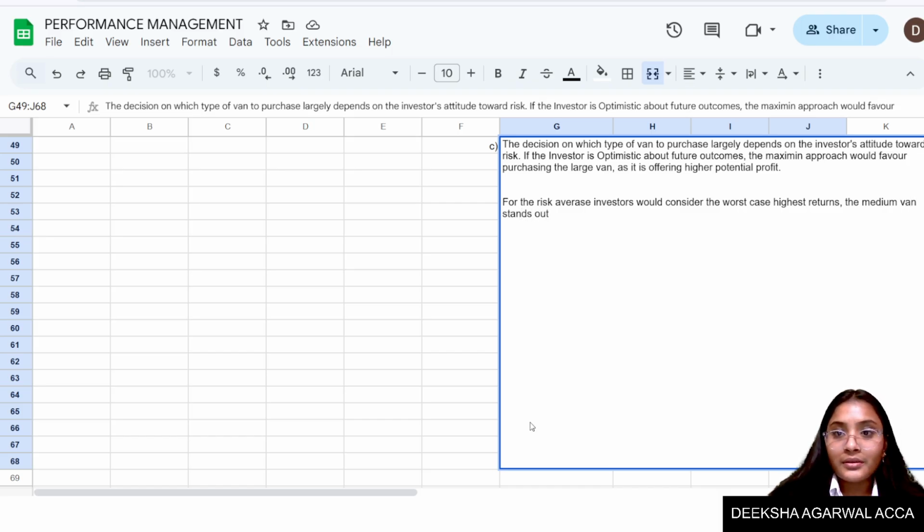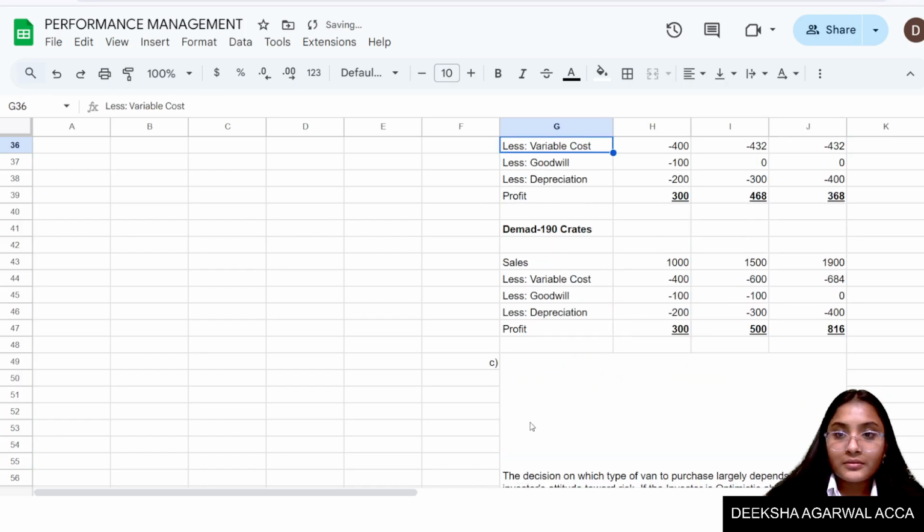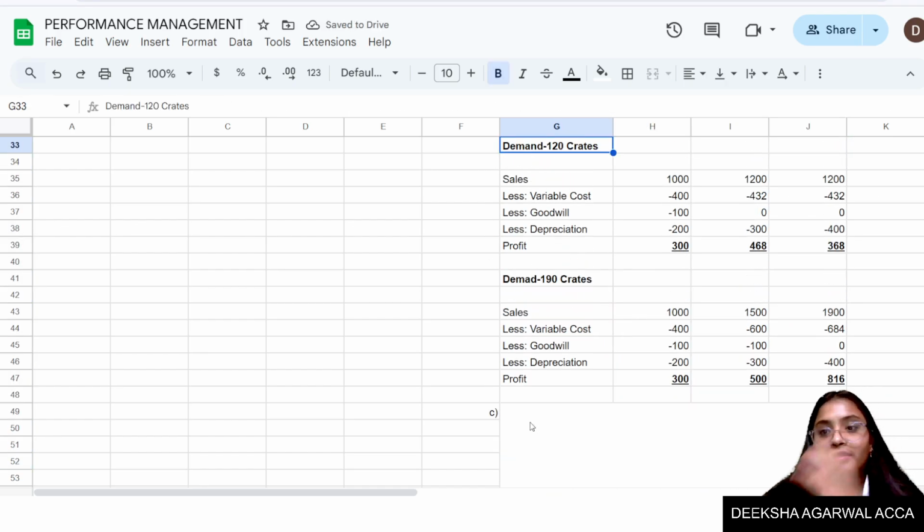In that scenario, since its possible return is how much? You can write even this. Minimum is 468.